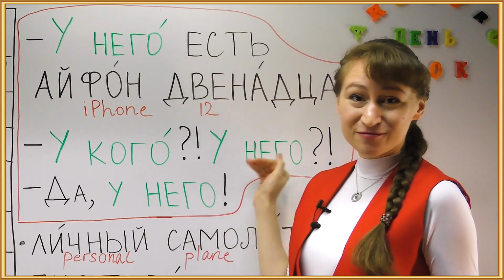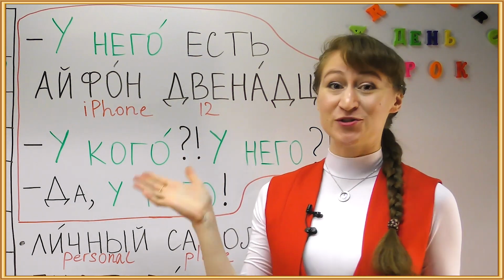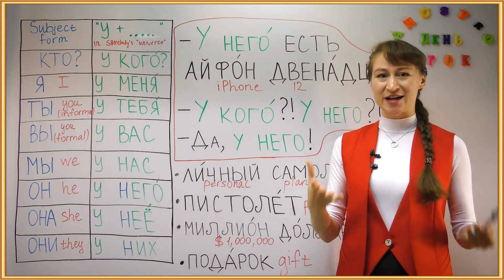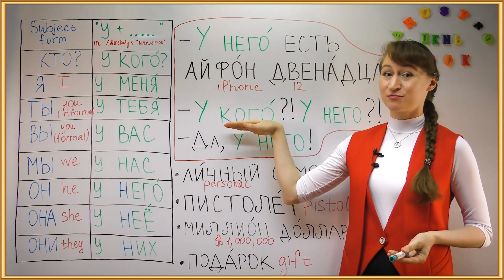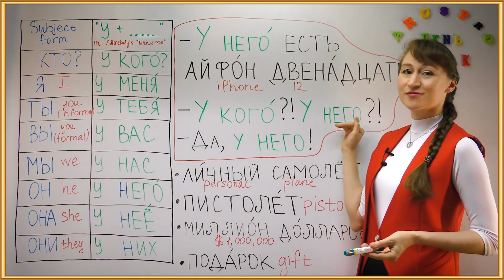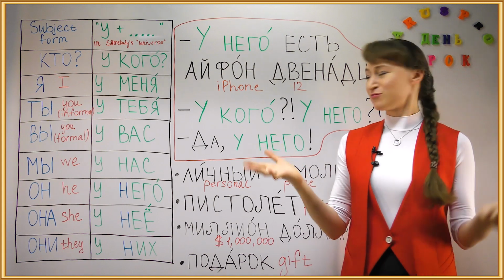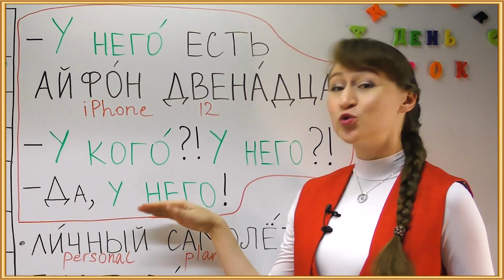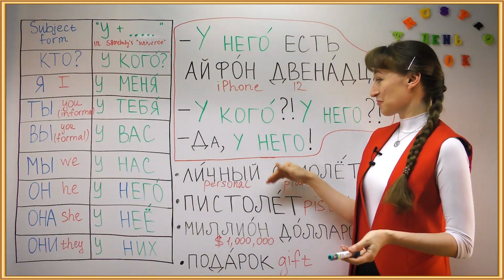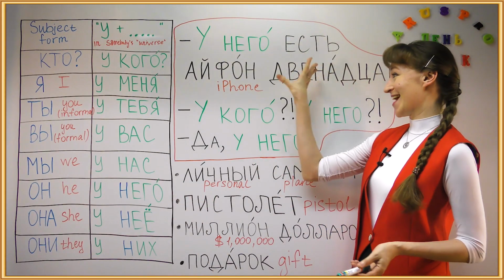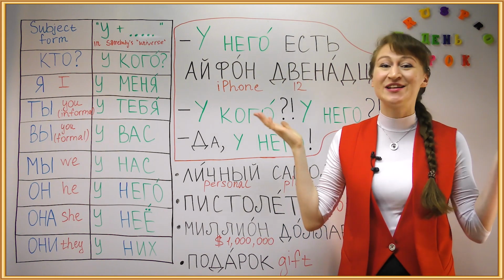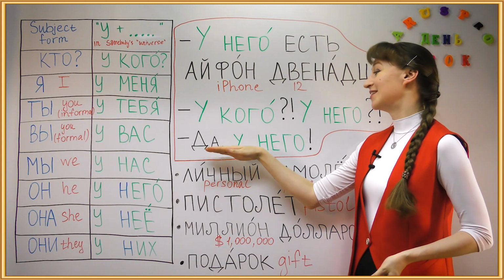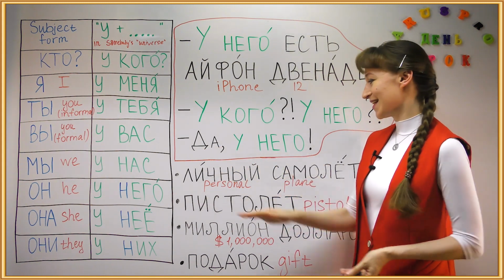У него? He's not the kind of person to have an iPhone 12. So, pretend to be surprised and say this line. У кого? У него? Да, у него. So, he has an iPhone. Who? He has an iPhone? Yes, he has. Да, у него.